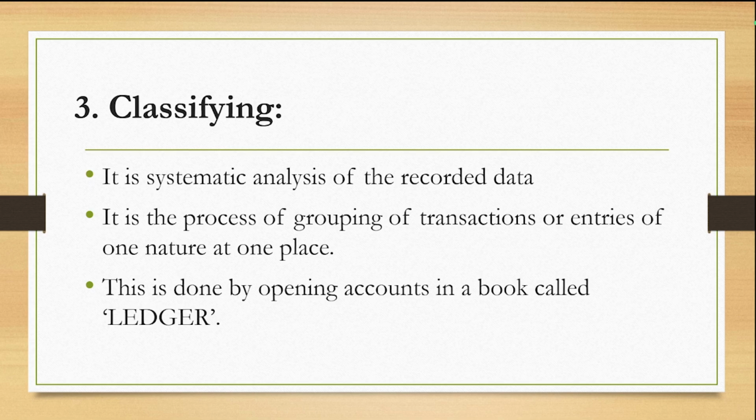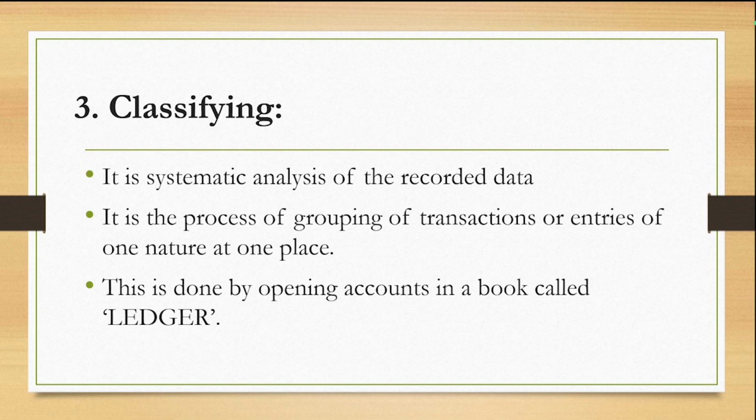Now let's discuss classifying. It is systematic analysis of recorded data. It is the process of grouping of transactions or entries of one nature at one place. This is done by opening accounts in a book called ledger.